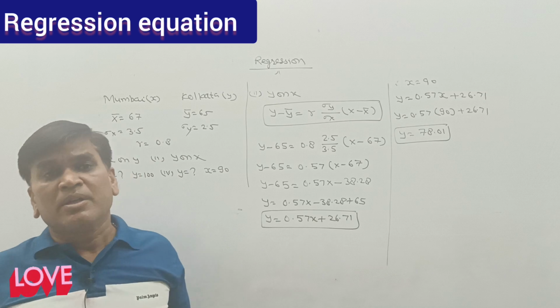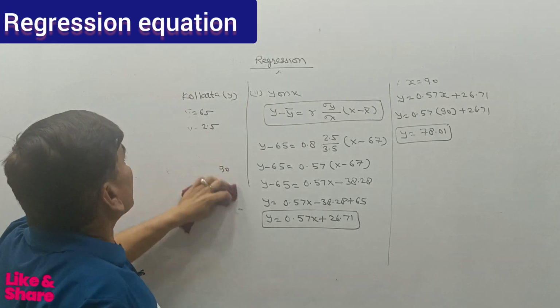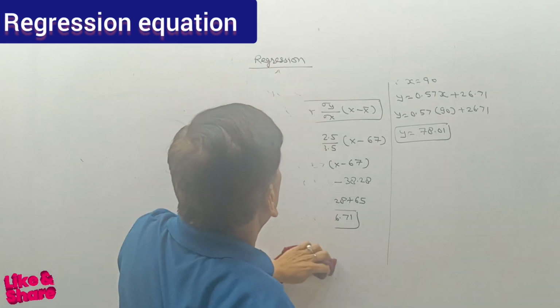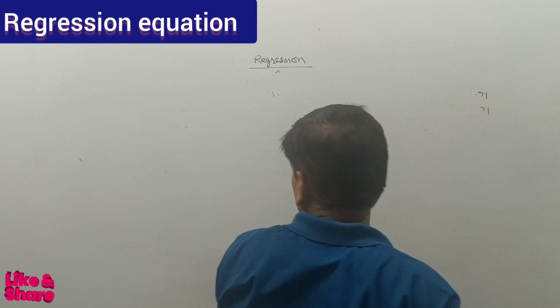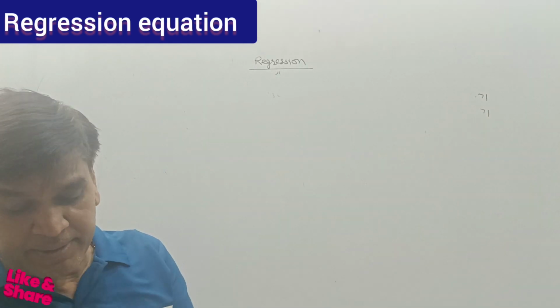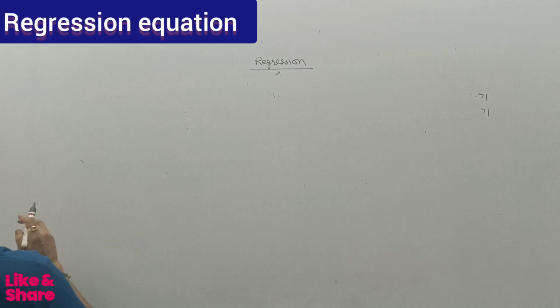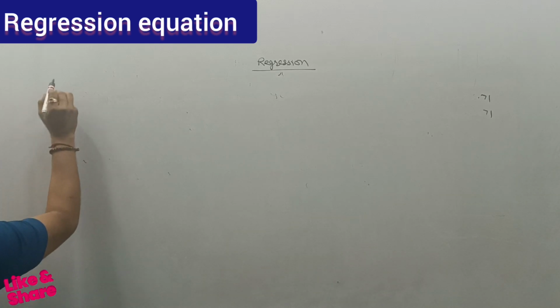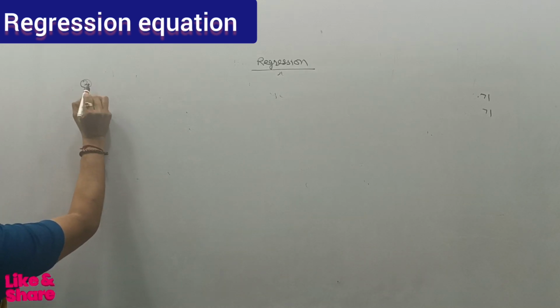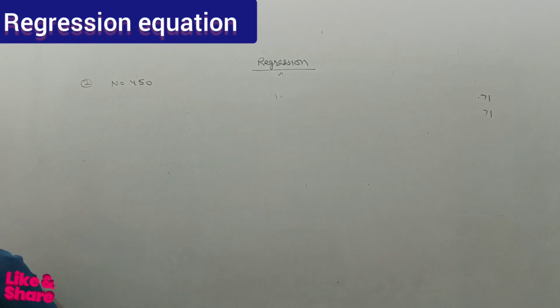One more practice question I should have, then we will have another type of question. I am having another question related to this. In an examination, question number 2, in an examination, 450 students were there.